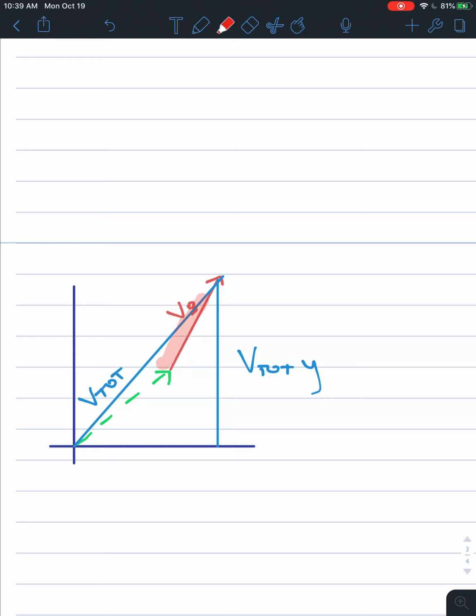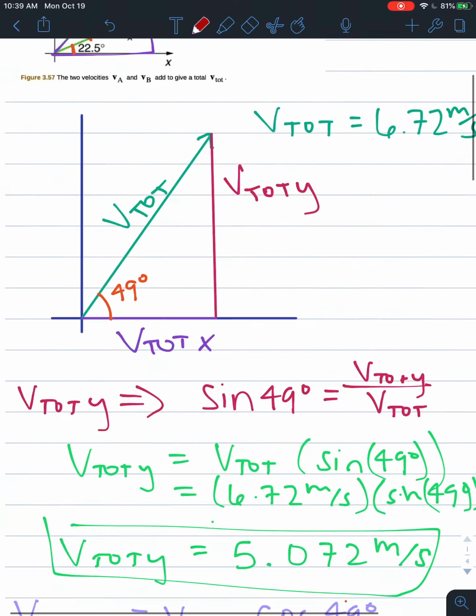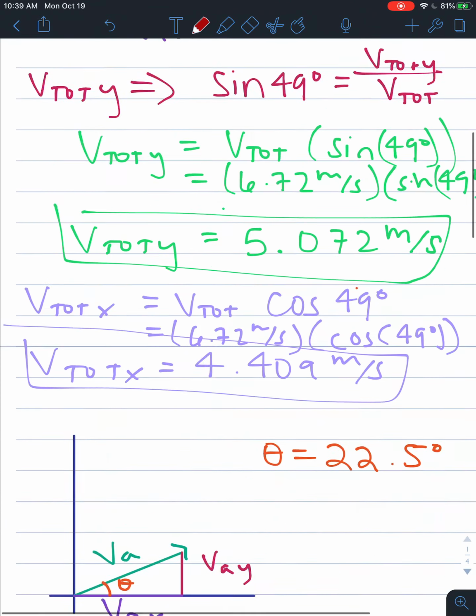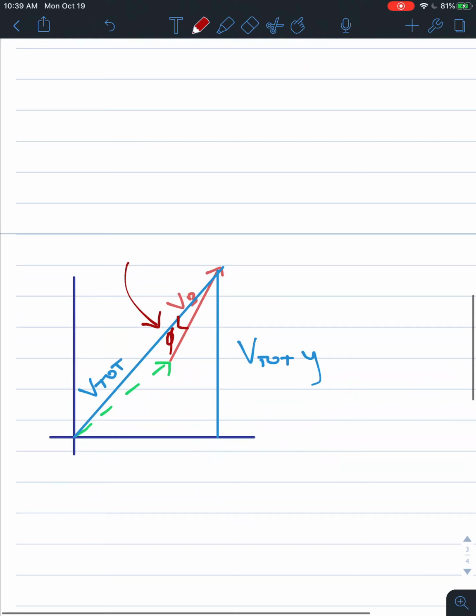We know this angle inside here, which I'll call phi. That angle we know from above, that's that 23 degrees.